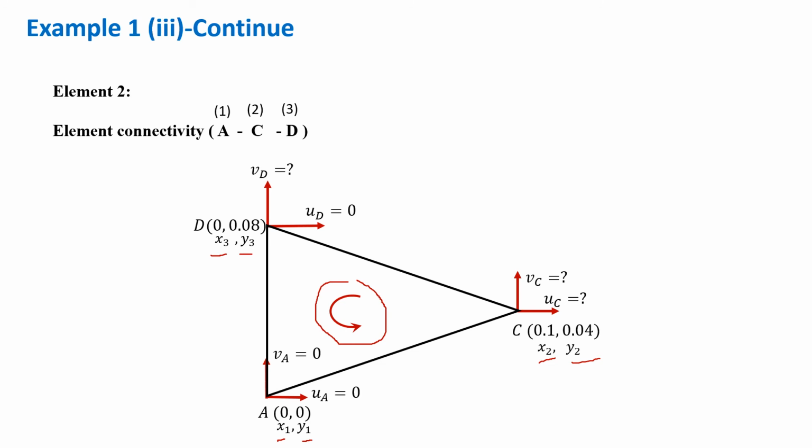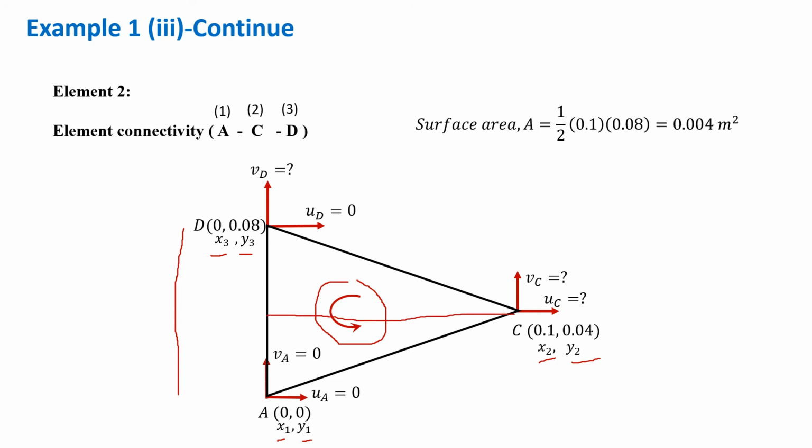And next, similarly, we have to calculate the surface area of element 2. In this case, I took this side as the base and this length as the height of the triangle. Therefore, the surface area is equal to half times 0.1 times 0.08 equal 0.04 meter square as shown.